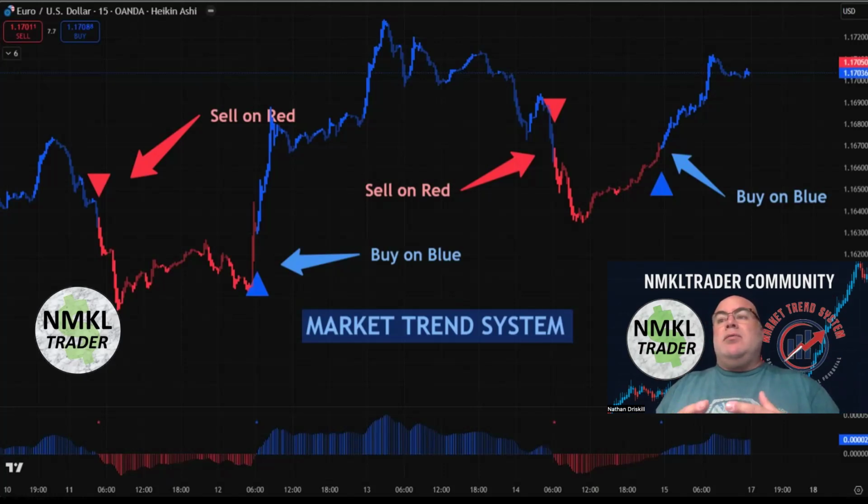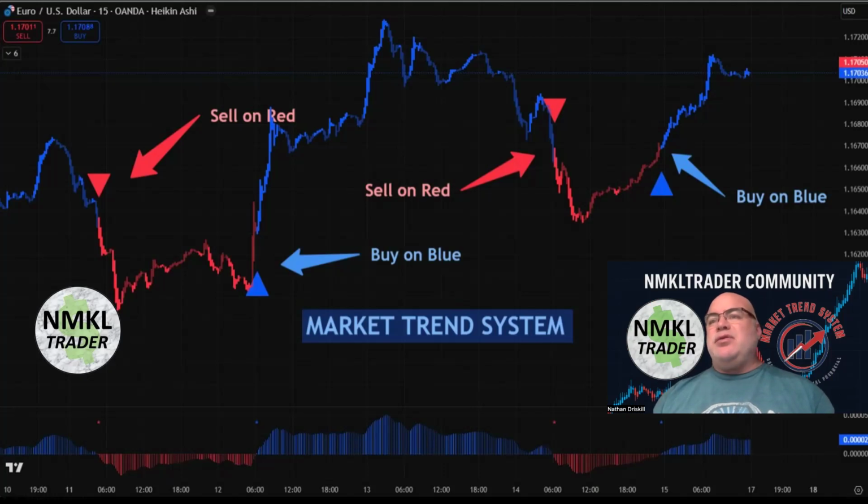Okay, now we like to see the micro trend alert and the macro trend when we're trading 1 minute, 2 minute, and 3 minute charts. But when we trade 5 minute, 10 minute, 15 minute, 30, 1 hour, I want to kind of scale back and say it's even easier than making sure the micro and the macro agree.